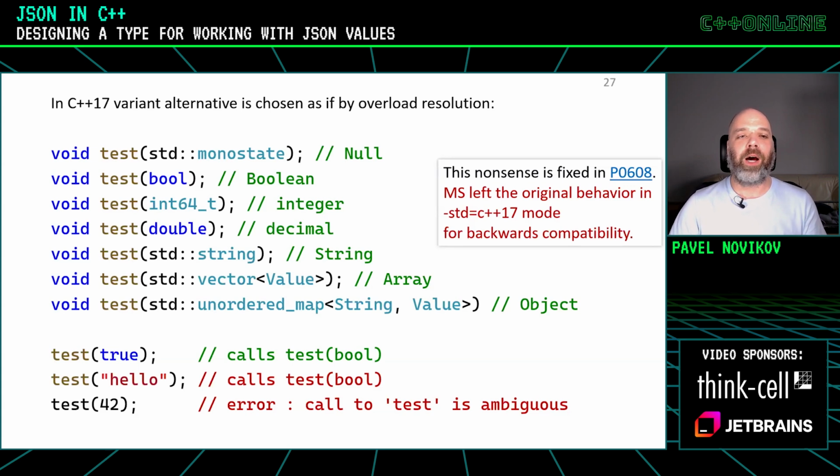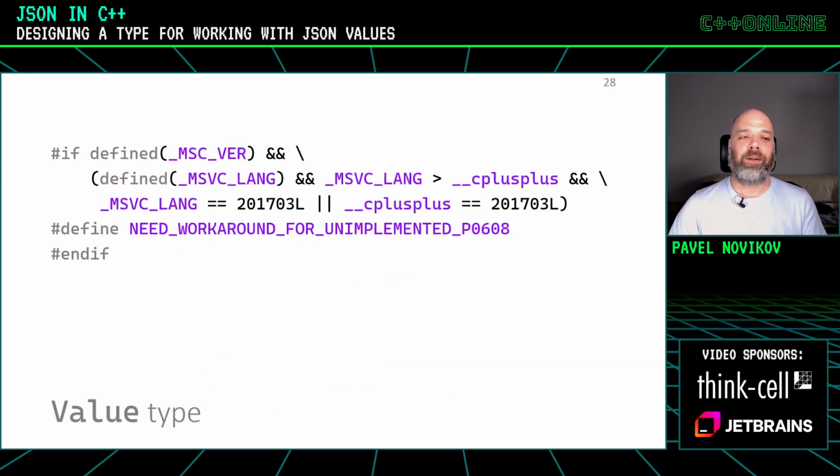But we want our code to work with a little bit older versions of the Microsoft standard library in C++17 mode as well. So we have to have a workaround. In this case, this is basically copy-paste from standard library code. We check if we work with the MSVC compiler.